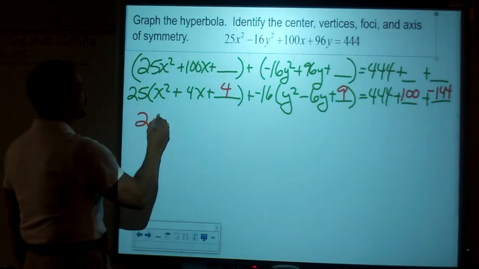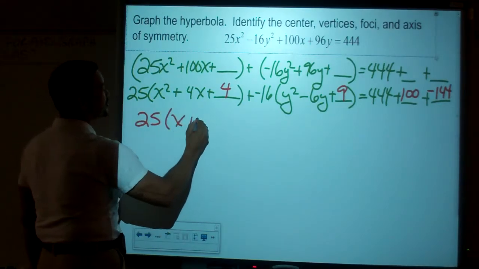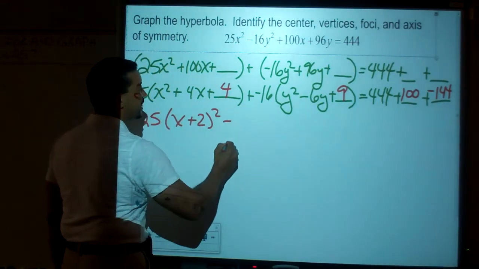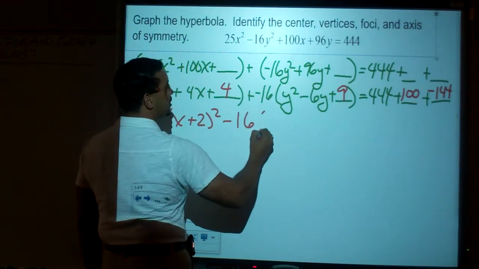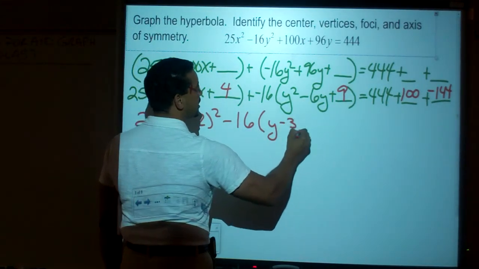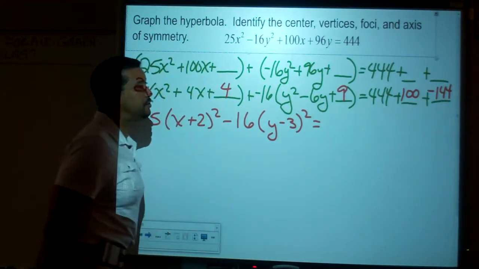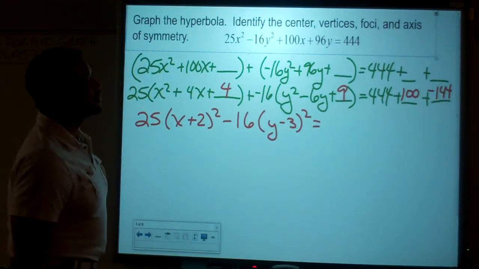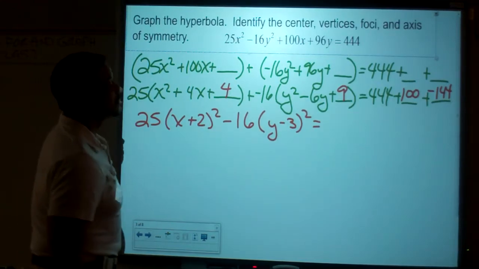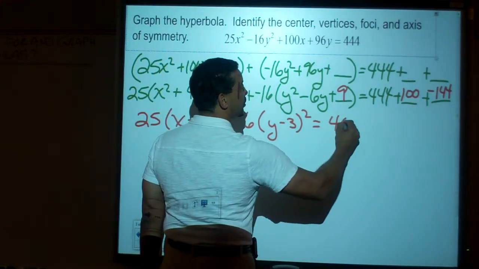Alright, so we've got 25, completing the square, we got x plus 2 squared minus 16 times y minus 3 squared is equal to, and if we do all the math over there, should equal 400.